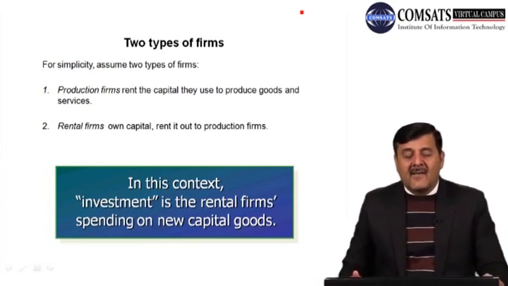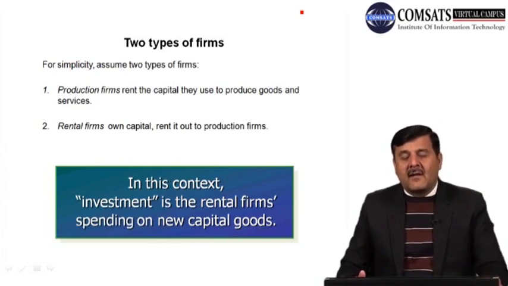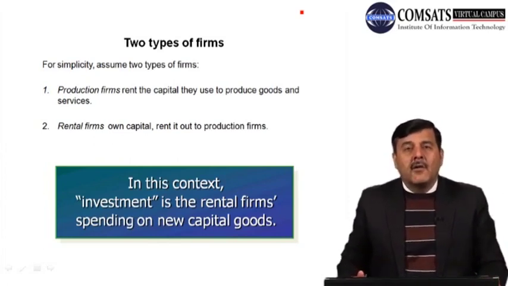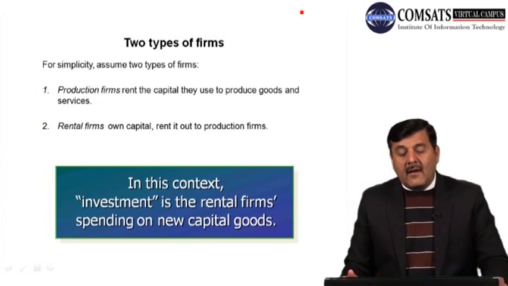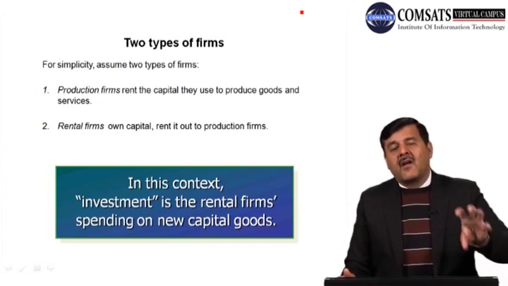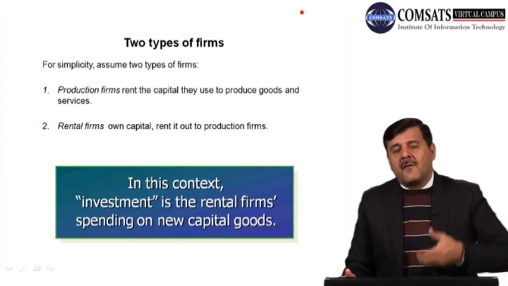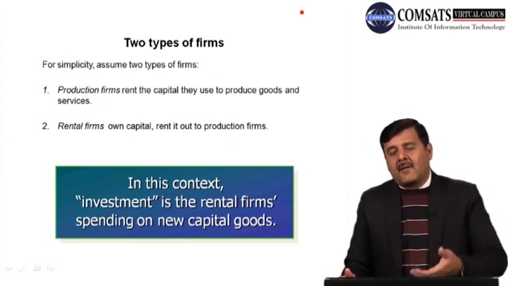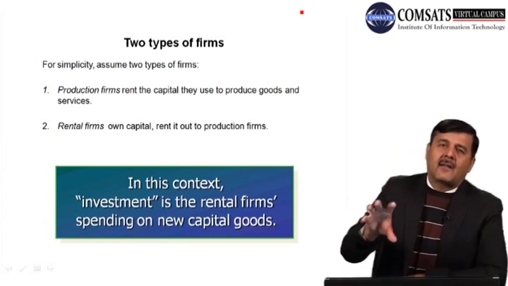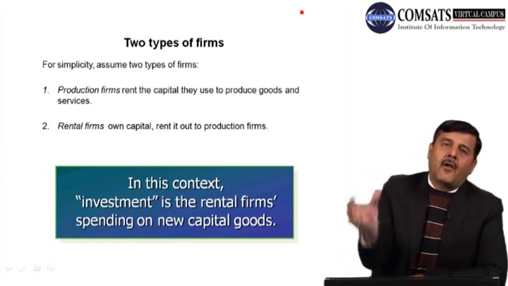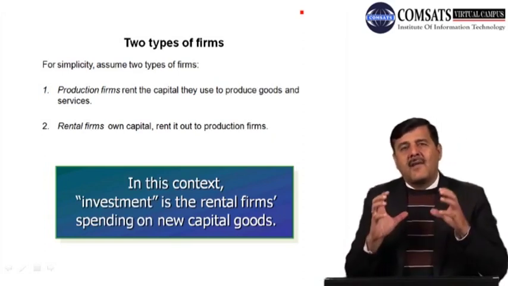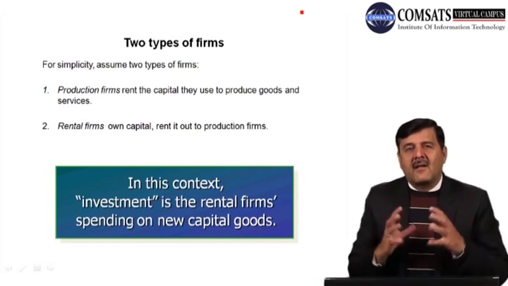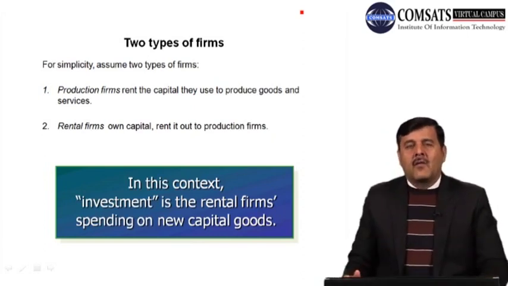So in this context we can say that investment is the rental firms' spending on new capital goods. When rental firms buy new capital goods, they give them on to production firms, which use them to produce goods and services. So in this context, when we talk about these two firms, we can say that investment is the rental firms' spending on new capital goods.